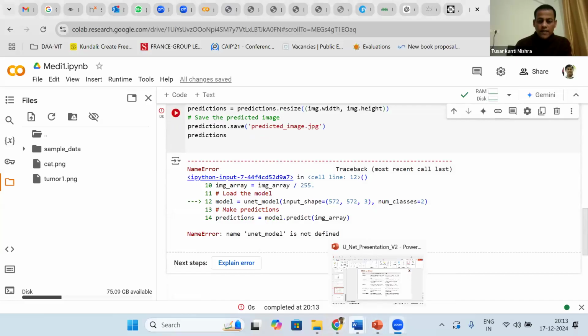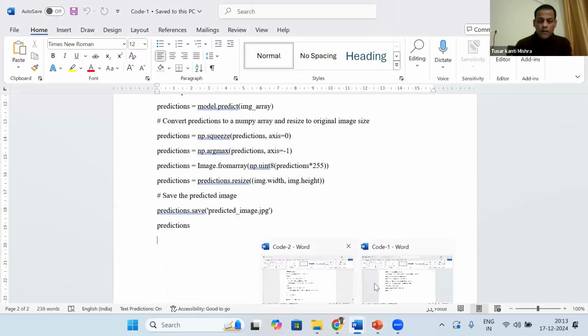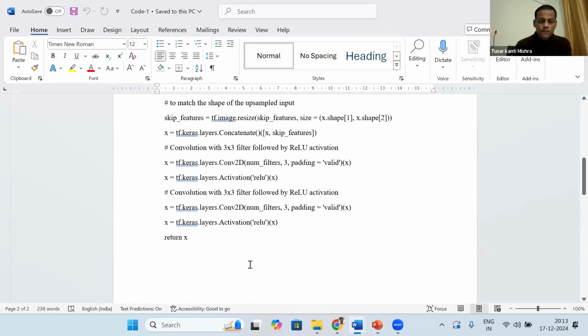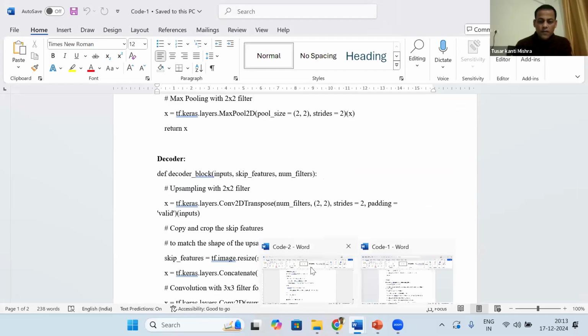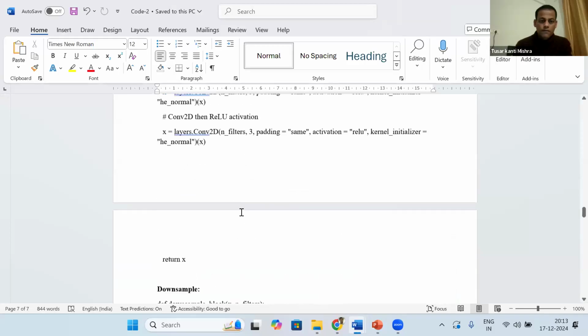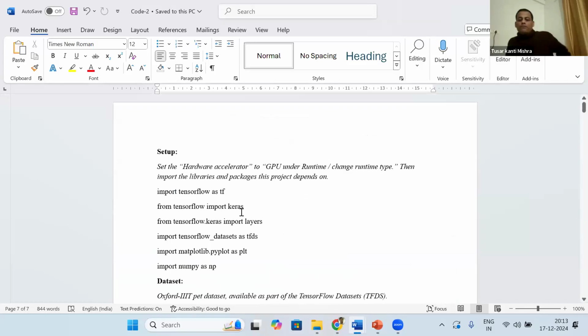We need to write that additional code. Meanwhile, let us have a pure UNET implementation through this second set of code.